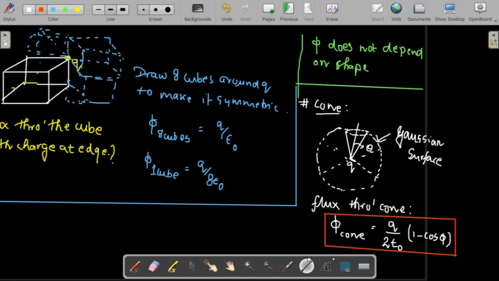Phi we're denoting as flux. If you know this result, you can solve different kinds of problems.